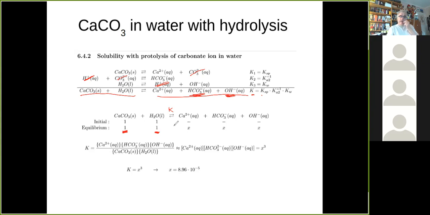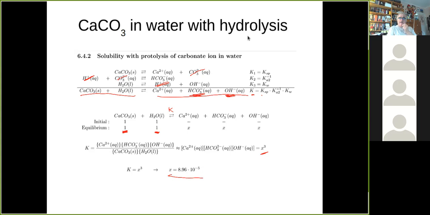But let's not try to be that accurate, because we are probably doing other approximations that are not visible here. But in principle, the K is the right-hand side product divided by the left-hand side, so it's only X cubed, which means that X will be 8.96 times 10 to the minus 5.